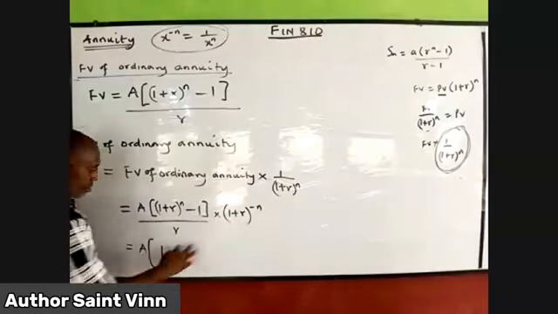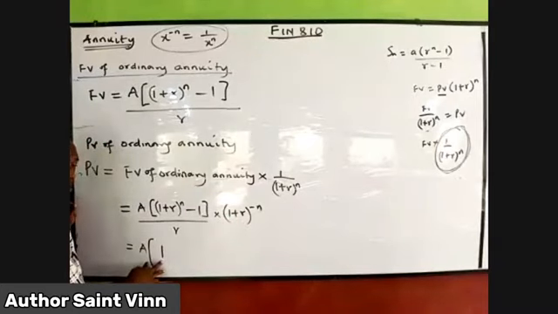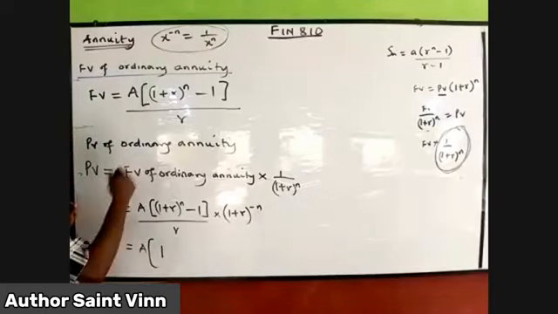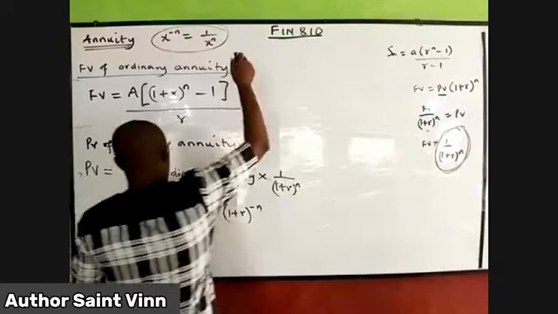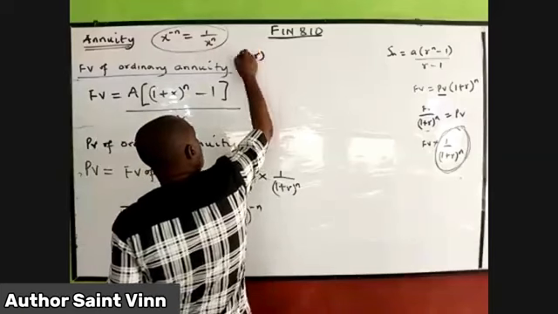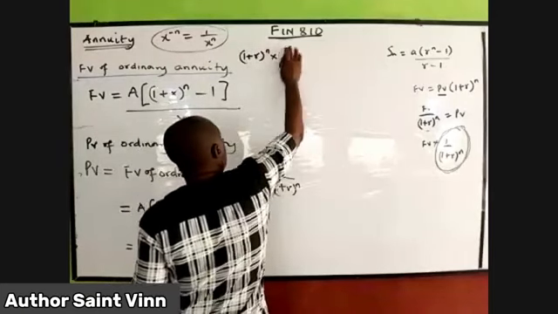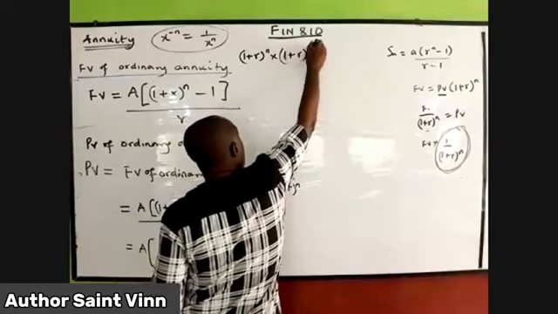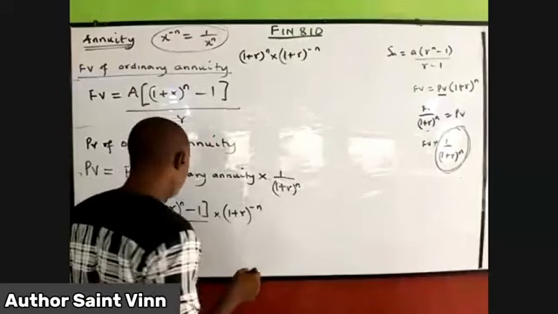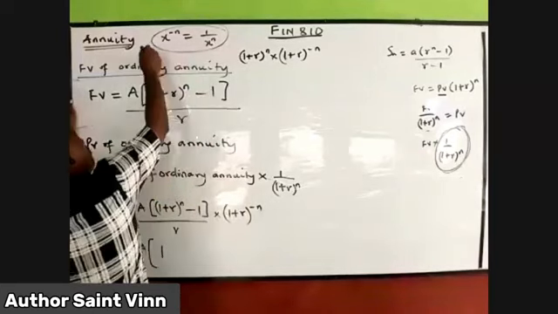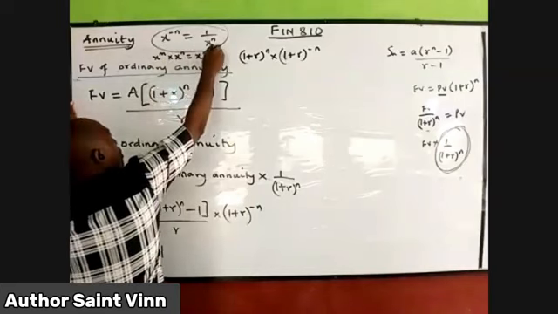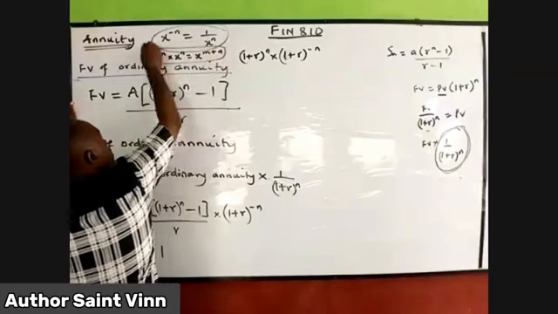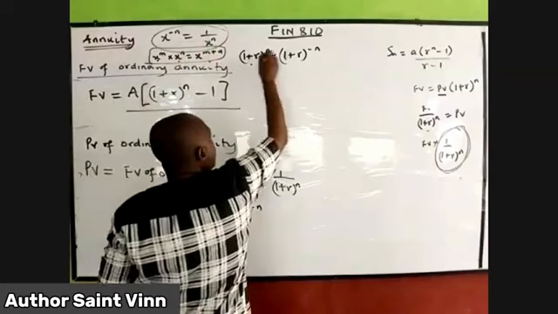This times this gives 1. You agree? If you don't see it, we'll explain. We are here to make sure you do it better. This is 1 plus R, all raised to power n, times 1 plus R. Nobody will tell you to prove this anyway. I say that this times this: one of the laws of indices says x raised to power m times x raised to power n gives x raised to power m plus n, because the bases are the same.